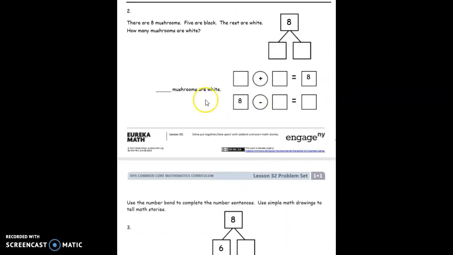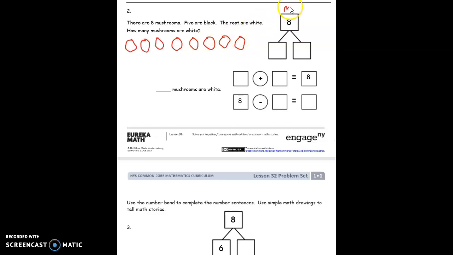Number 2. There are 8 mushrooms. Go ahead and draw 8 mushrooms. And label your 8 up here.